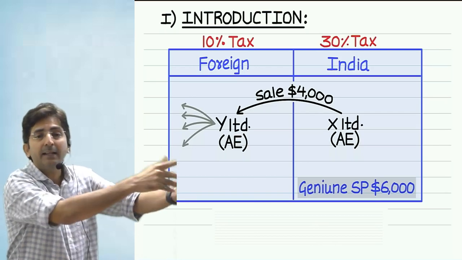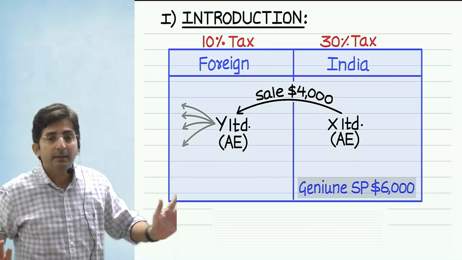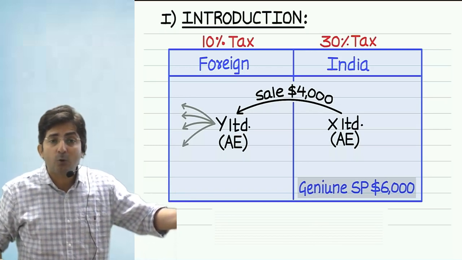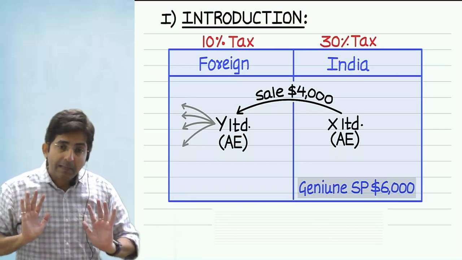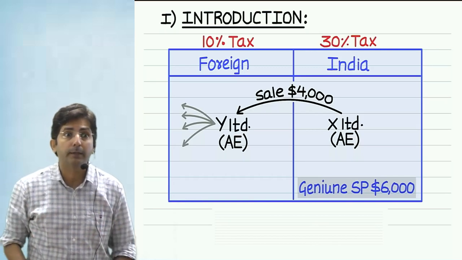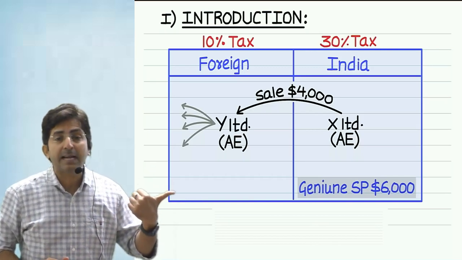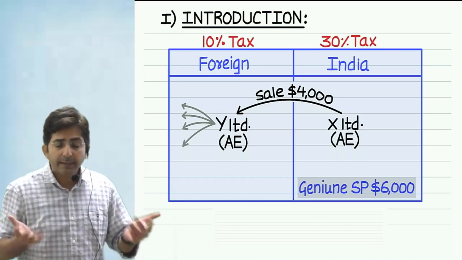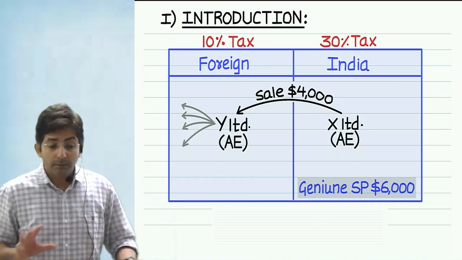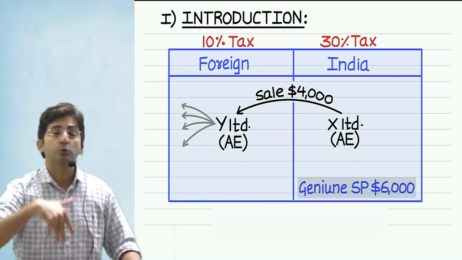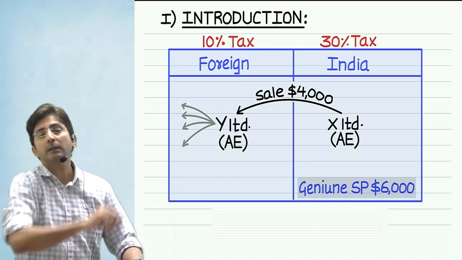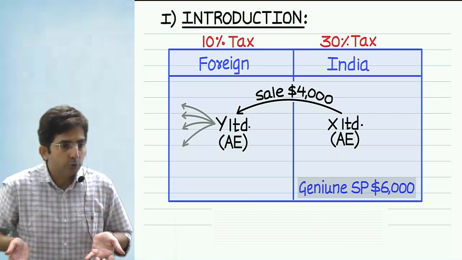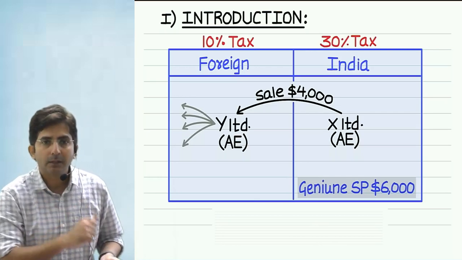But that entity is not worried because it is a blessed entity in the foreign country. In many countries the tax rates are low, so my tax will reduce by 30%, but my other entity's tax will increase only by say 10% in my example. So I gain an advantage. But this wouldn't have been possible had I sold directly to the foreign customers, because dealing directly with foreign customers, it is not just that I have one customer.